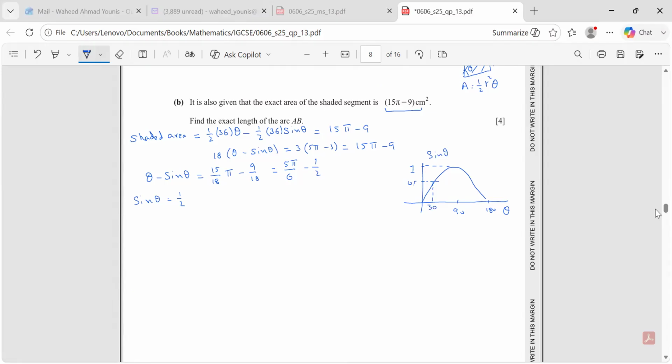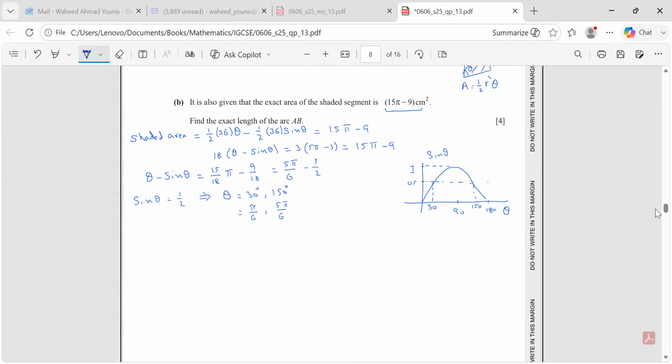But it occurs again over here, 30 degrees before this one. Okay, so this must be 150 degrees. Make sense? So if sine theta is 1 by 2, it means theta is equal to 30 degrees or 150 degrees. In radians, this is pi by 6, and this is 5 pi by 6. Make sense?